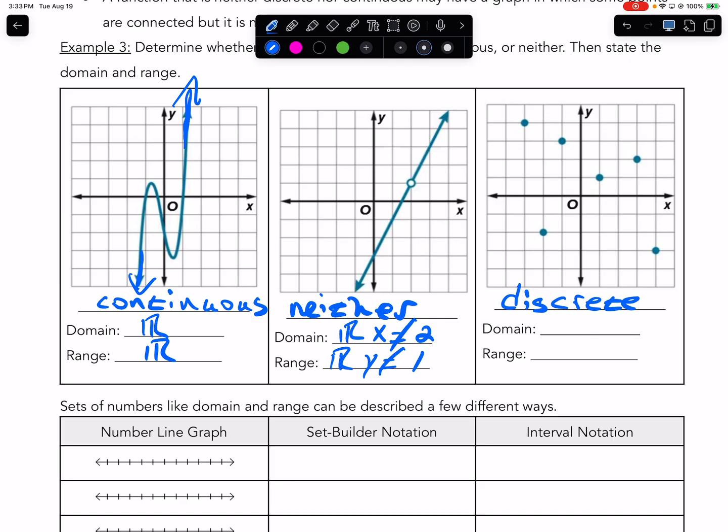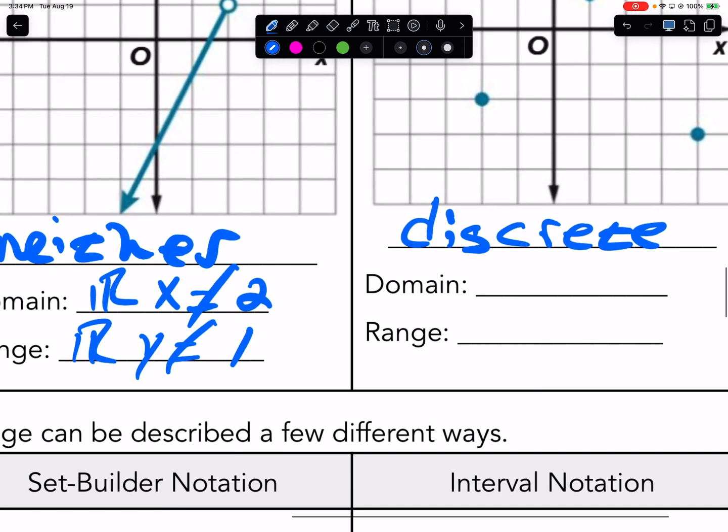The next one's kind of a pain in the neck, right? What's the smallest x value right here? Negative what? Count. -3, then -2, because this point is -2, this point's -1, and then 1, 3, and 4 as you go along. When you list domain and range, you must list least to greatest, no repeats.